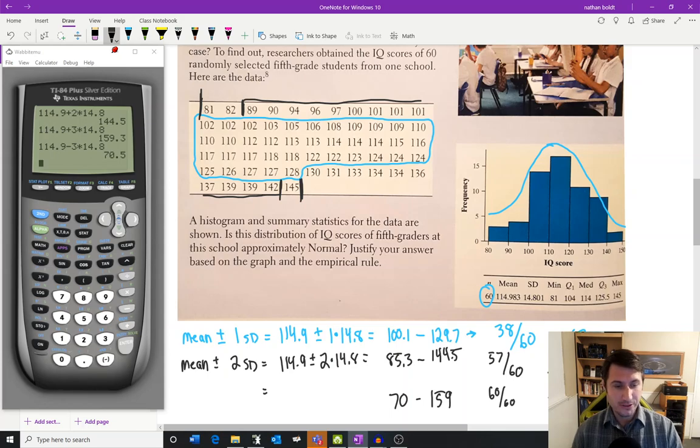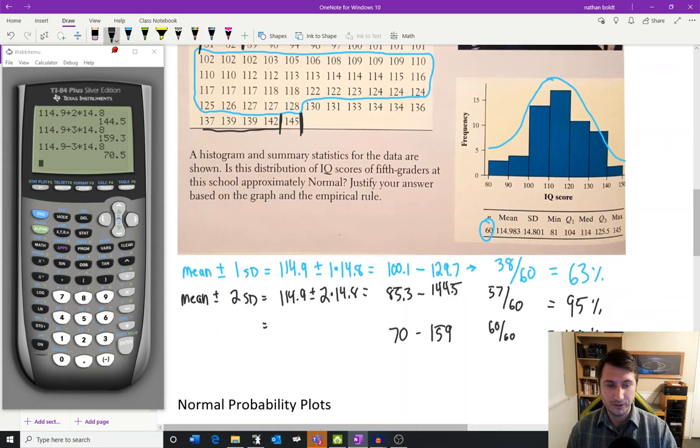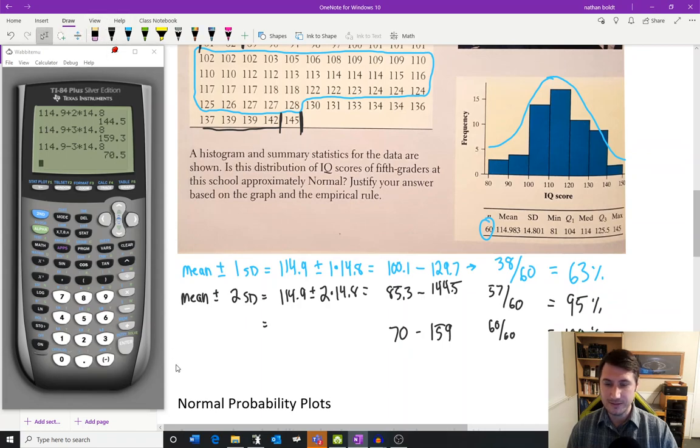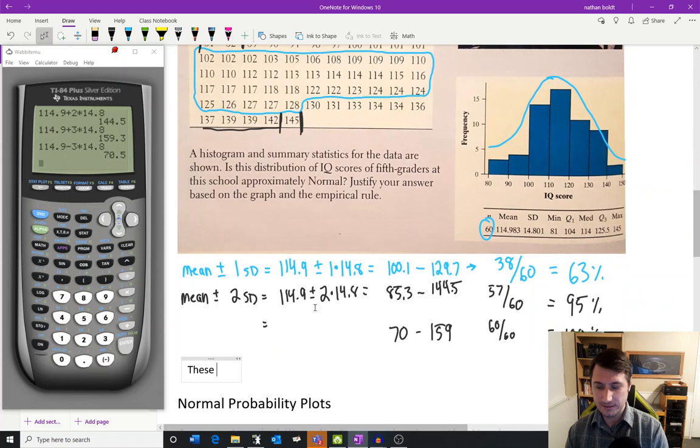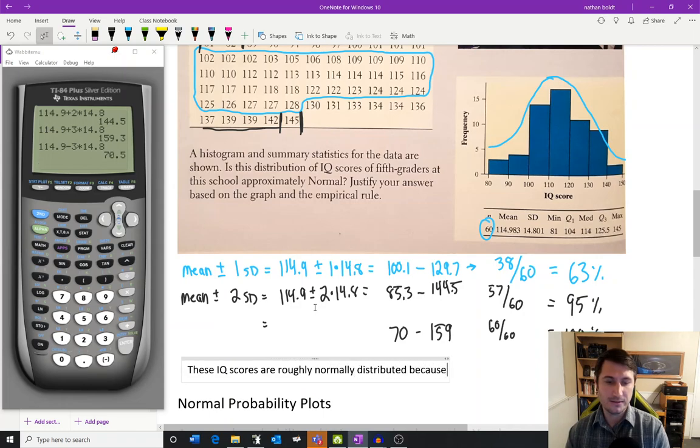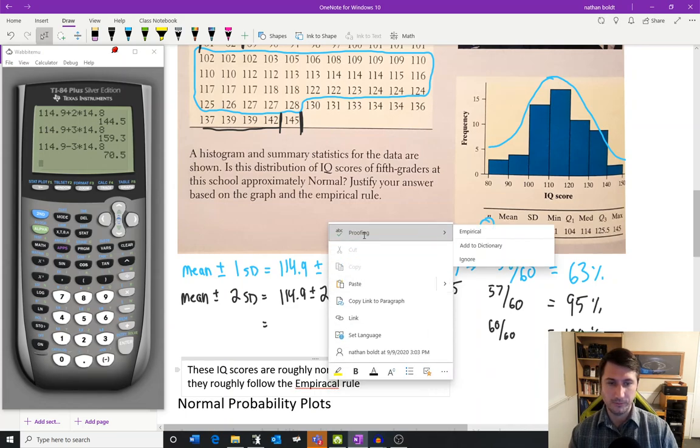So that is pretty darn close to the empirical rule, all right? 68, 95, 99.7 is all really, really close. So I think we are safe in saying that, what are we talking about again? Context, context, context: IQ scores. These IQ scores are roughly normally distributed because they roughly follow the empirical rule. If I could spell the word empirical, that would be nice.